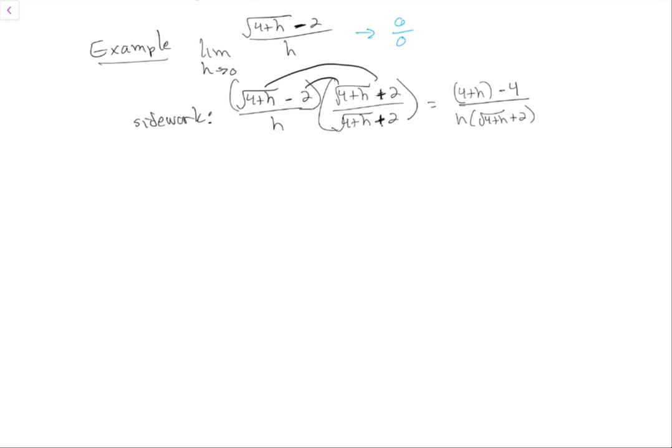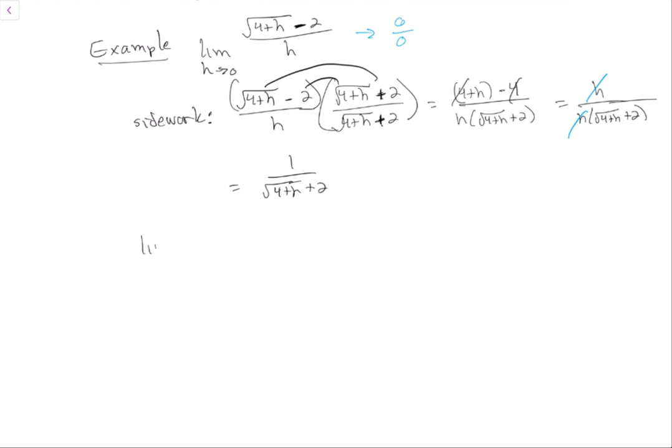So, in this case then, let's go ahead and clean up the numerator. I'm going to get in the numerator 4 minus 4, and I get just h. And then the denominator, I'm not going to distribute, and here's why. If I don't distribute there, notice now the h's reduce out of the top and the bottom, and I end up with just 1 over the square root of 4 plus h plus 2.